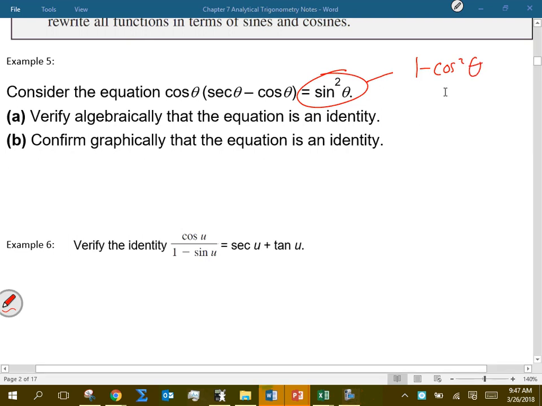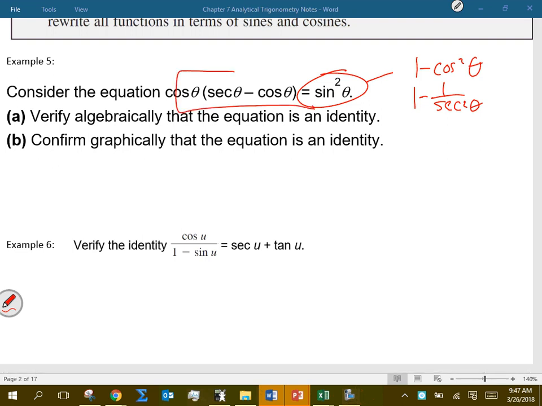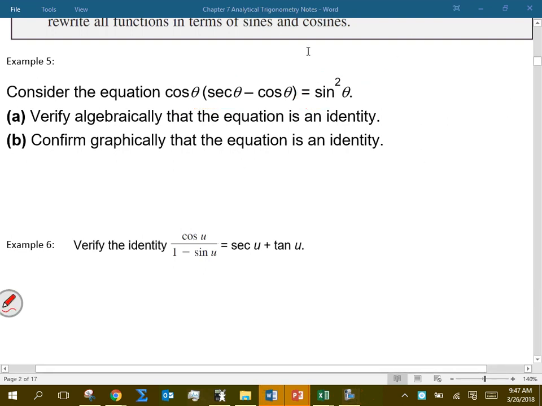And now cosine squared, well, that's maybe 1 over secant squared. And it's really hard to start working my way backwards to get this, right? Does that make sense? Maybe I would rewrite this as secant squared over secant squared minus 1 over secant squared. It's just not the easiest approach to do.